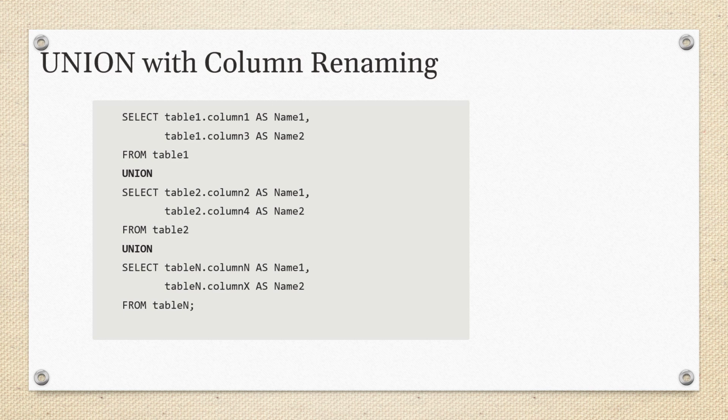And then we change the column names for table 2 and table n as well, and then you union them together. What you select, the column name will be name 1 and name 2. This kind of renaming ensures clarity and prevents errors when merging data. It makes sure that each select must have the same number of columns and matching data types as well as column names.